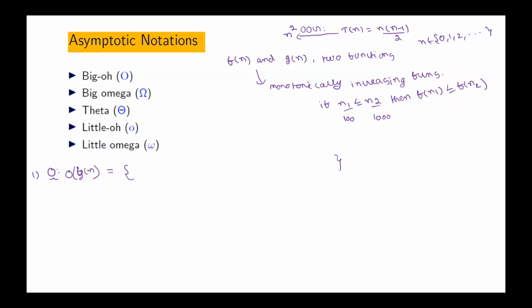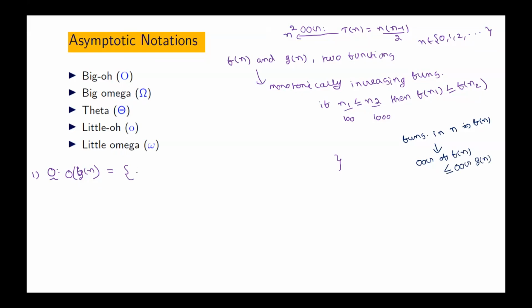It contains all functions in n. But what is the guarantee we need to give? I call these functions f of n. The order of growth of this function f of n should be less than or equal to the order of growth of g of n.